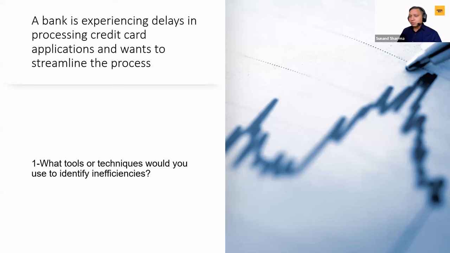So by using these tools and techniques, we can systematically identify the inefficiencies in the process and understand their root cause. Now, these steps you can do on any kind of process. It's not only on credit card, but anything. So I just gave you a general answer so that you can use it in many places.